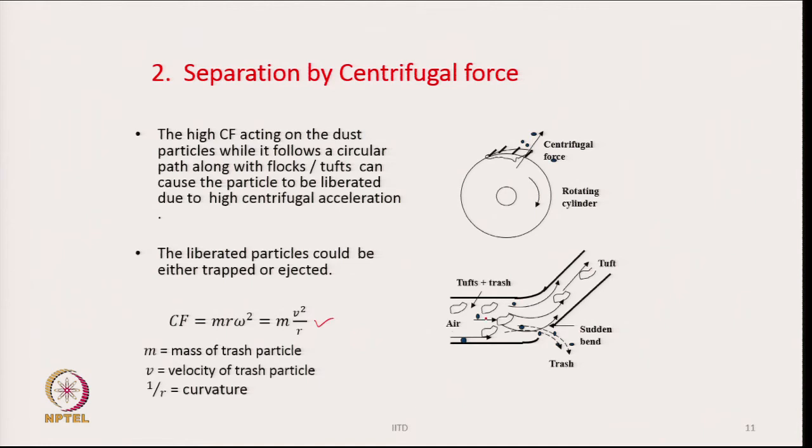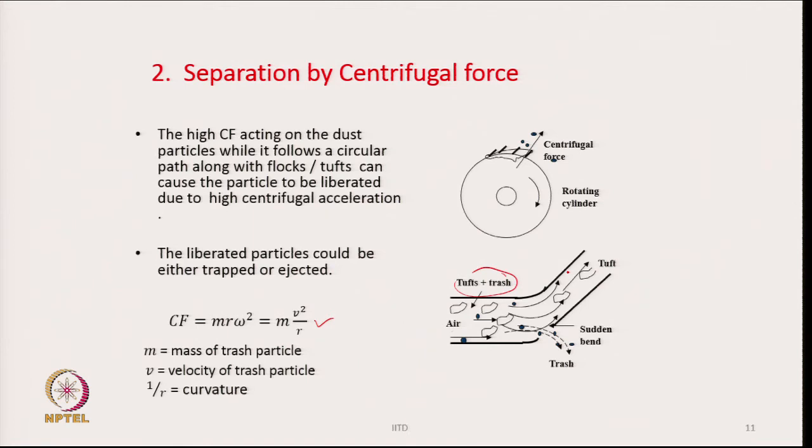Or what we can do, we can make the path of air as well as trash particles, in this particular diagram, in the lower diagram, follow a curved path. So, there is a curvature in their path, it is not a straight path.